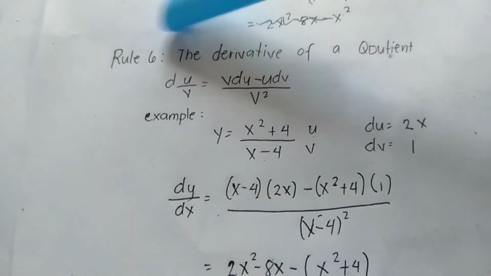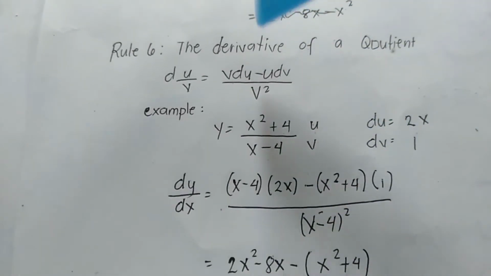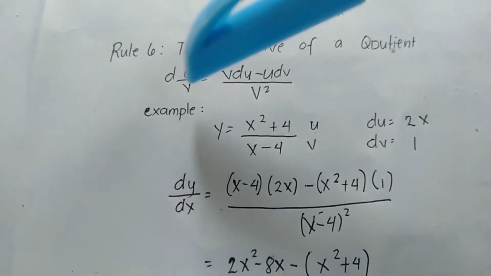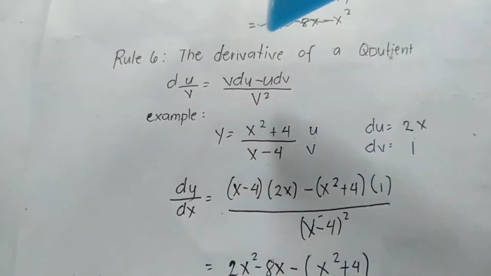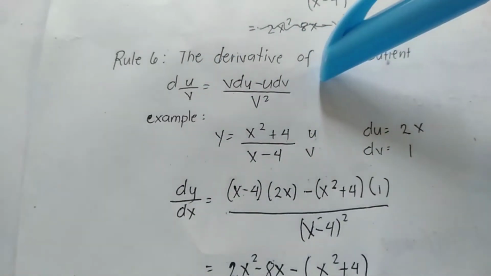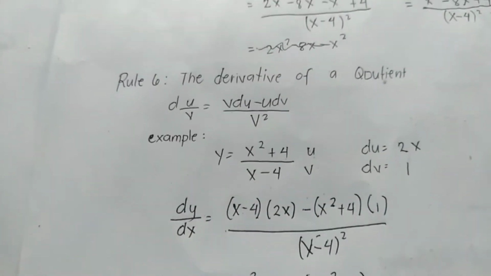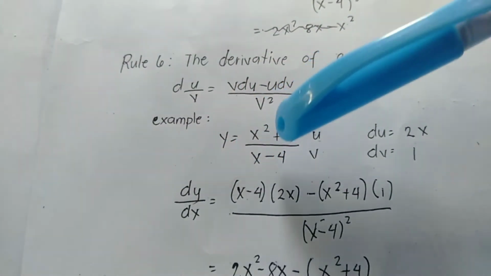Next, rule number 6 is the derivative of a quotient. So the derivative of u over v is equal to v times the derivative of u minus u times the derivative of v, over v squared. For example, x squared plus 4 over x minus 4.